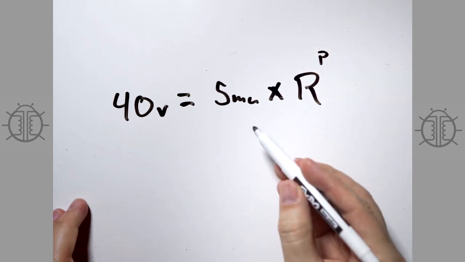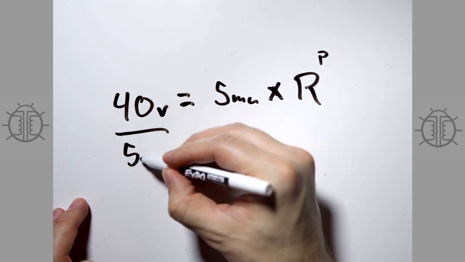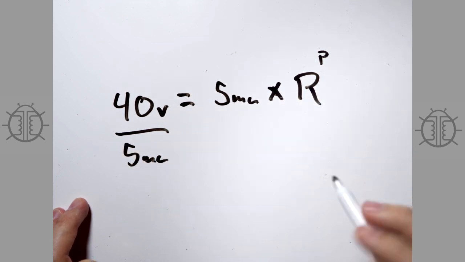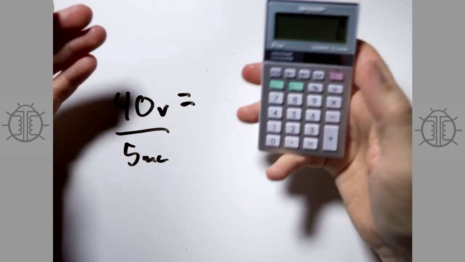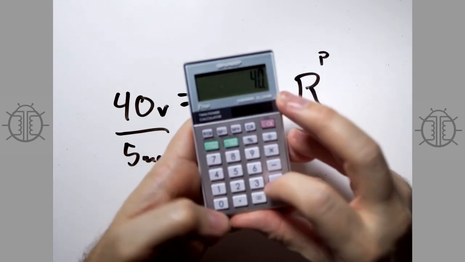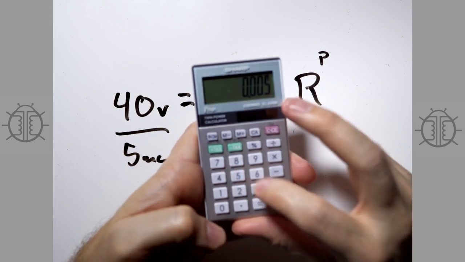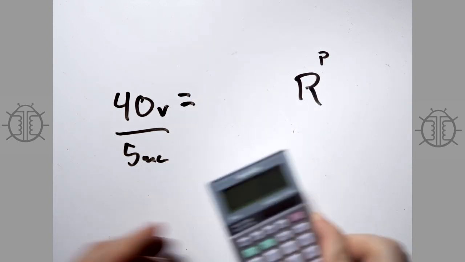And so we can take this and remove over here, divided by 5 milliamps. Take it out of here. And we'll find our plate impedance this way. So it's going to be 40 divided by 0.005 equals. And so you can see we've come up with a plate impedance of 8K.